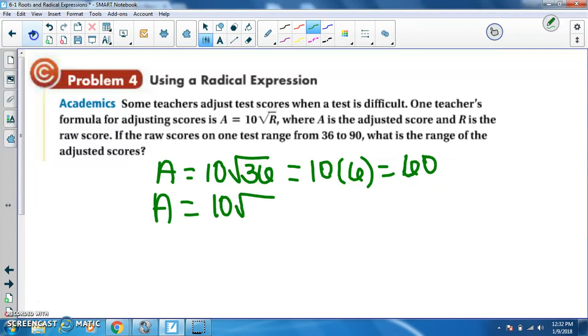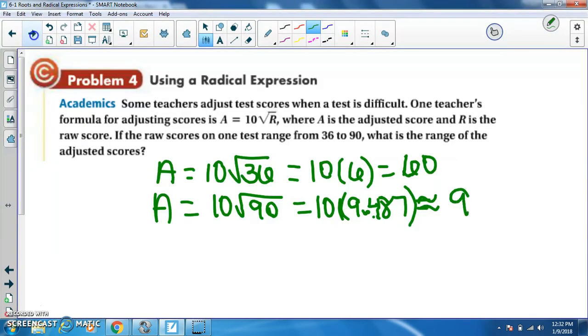So 10 times the square root of 90, which is equal to 10 times 9.487, which is equal to 94.87, which we'll just round up to about 95. Therefore, the range of the adjusted scores would be from 60 to 95.